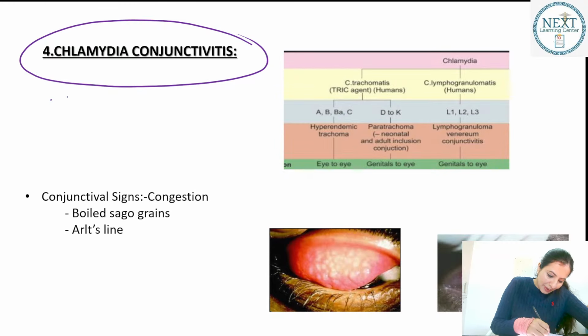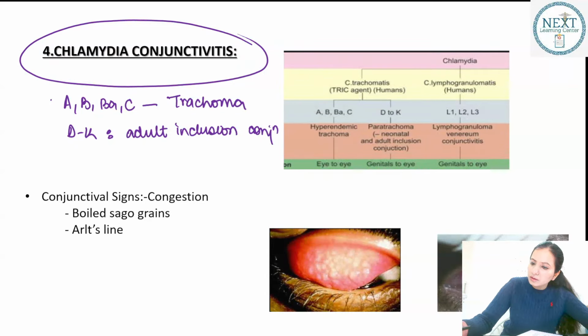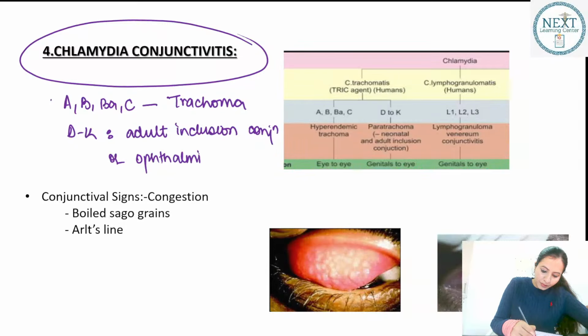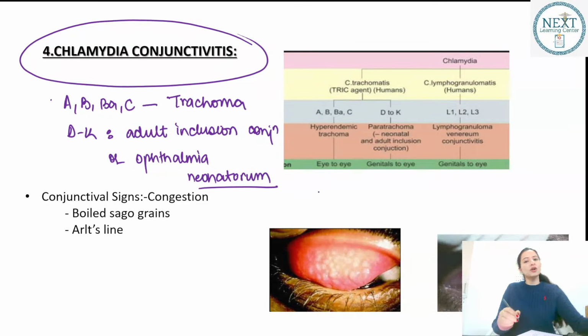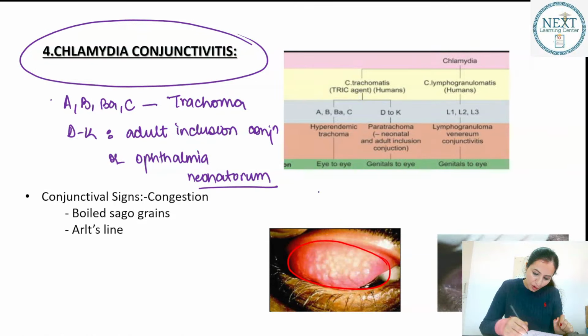So chlamydia serotypes A, B, Ba and C can cause trachoma, and the ones that are D to K can cause either adult inclusion conjunctivitis or ophthalmia neonatorum in children.